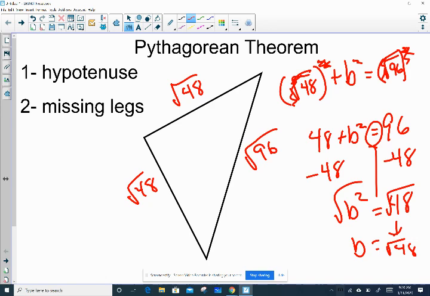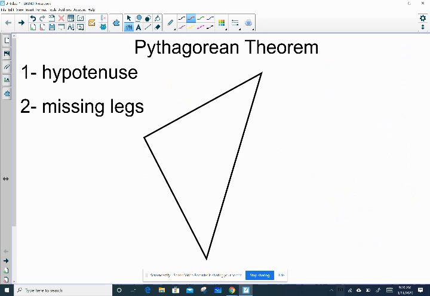So let's try one more possibility that we may see. Let's say that this is 13. This is the square root of 8. Let's find out what b would be. So we're going to do the same thing.